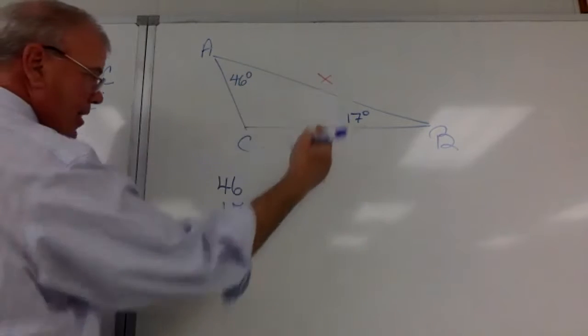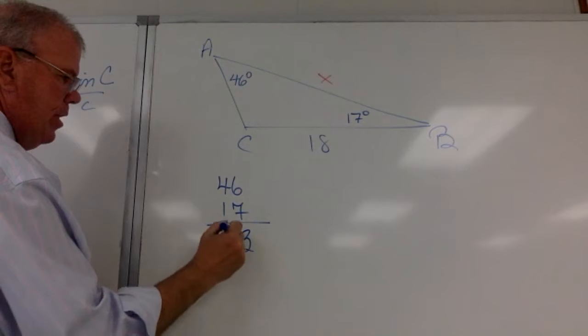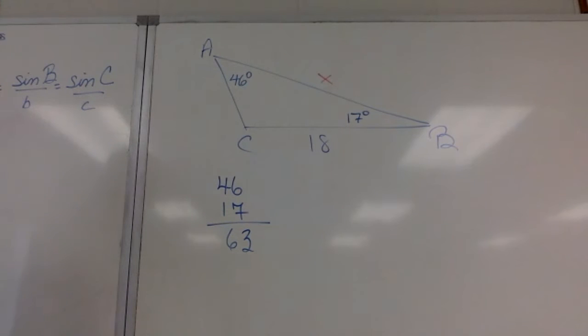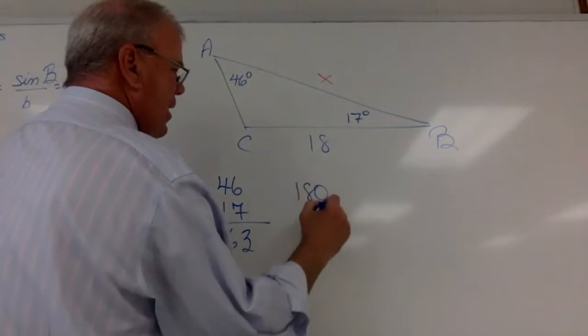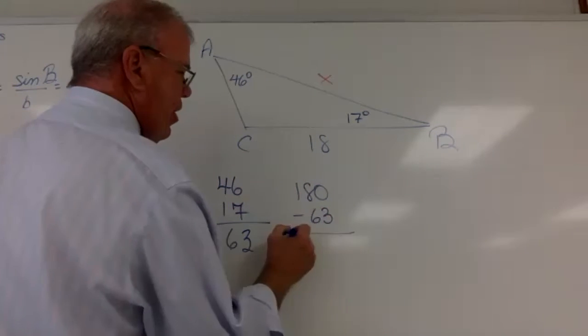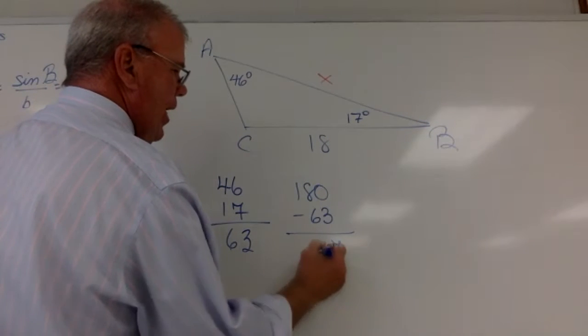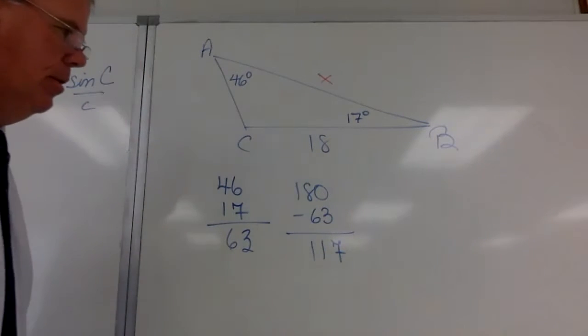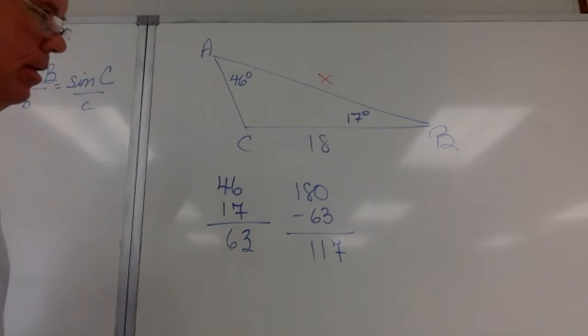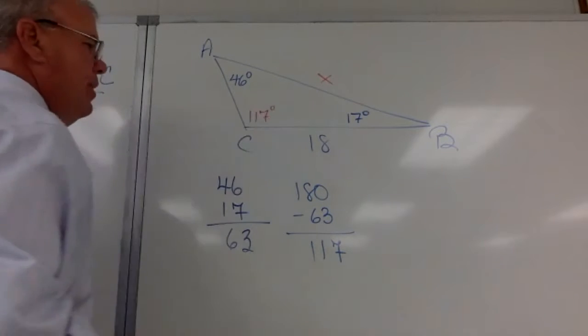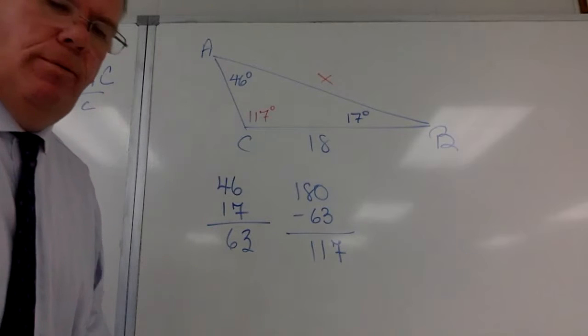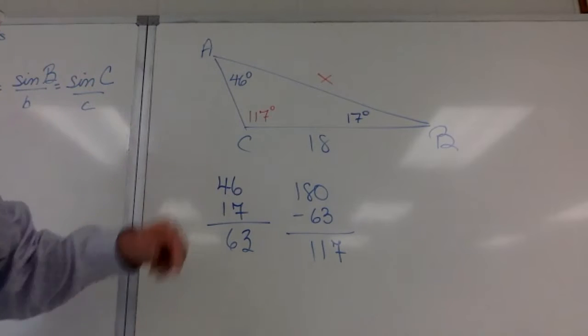So 46 and 17 is 63 degrees, right? Then if I go 180 minus 63, what do I get? 117, right? So this angle is 117. Now, that's going to help us find x.